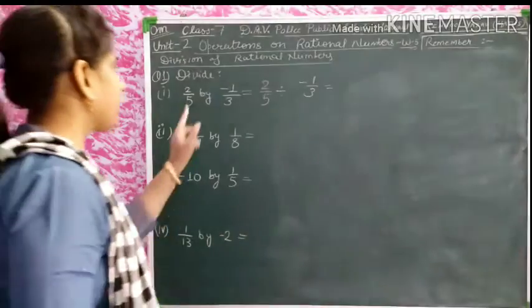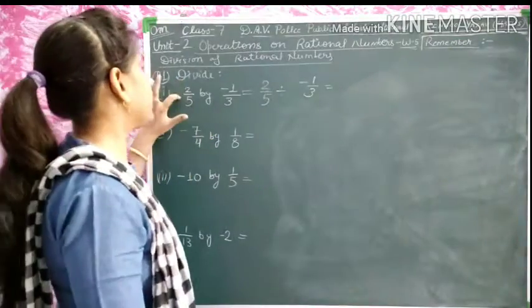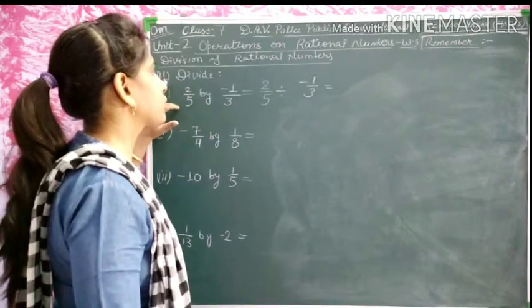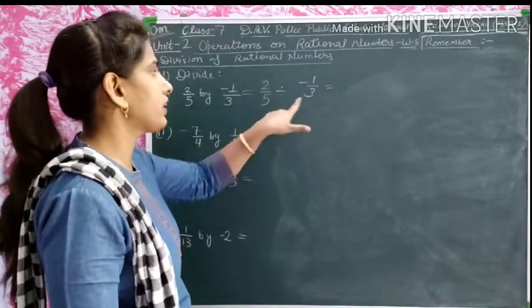Now, students, we are doing the division of two rational numbers. There is one rational number x, that is 2 by 5, and this is the rational number y, that is minus 1 by 3. What is x divided by y?